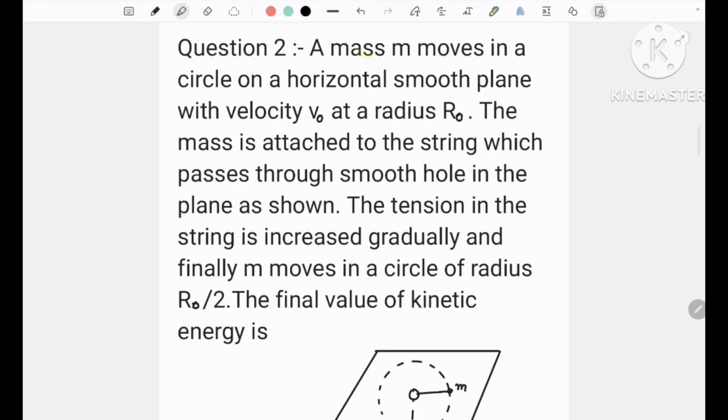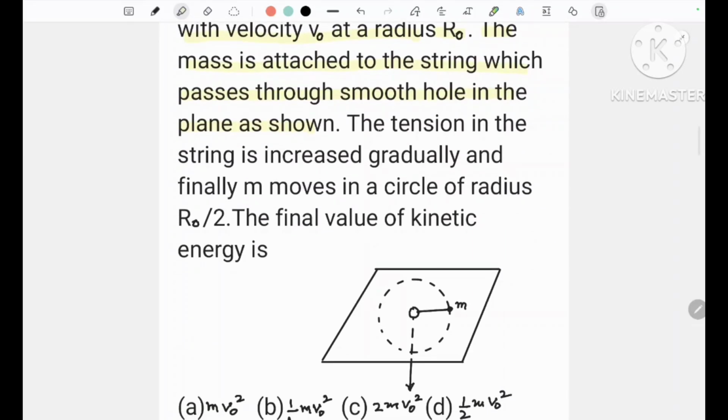Next, a mass M moves in circle on a horizontal smooth plane with velocity v dot at radius r dot. The mass is attached to the string which passes through a smooth hole in the plane as shown. The tension in the string is increased gradually and finally M moves in a circle of radius r dot by 2.